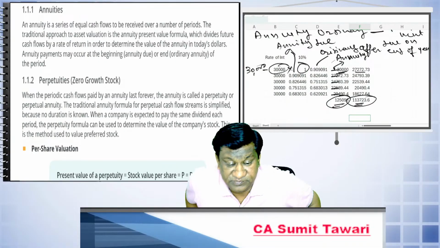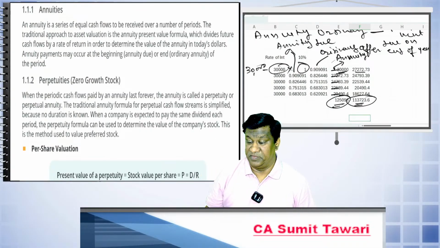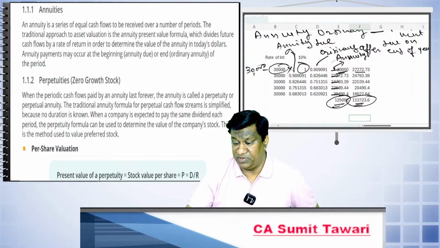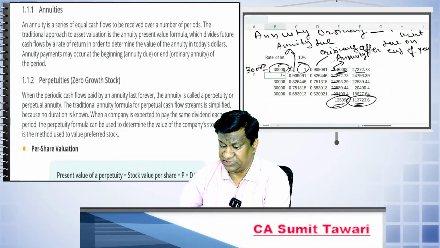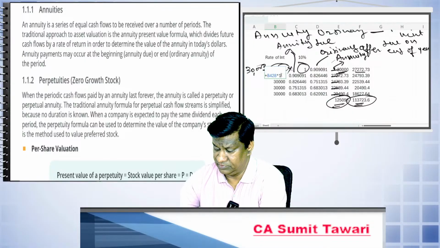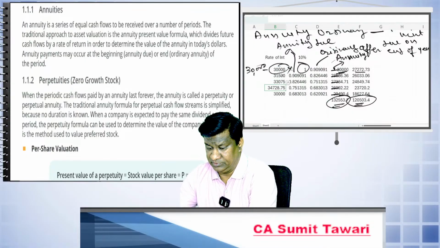First thing, annuity is basically when there is a series of payments. I considered a single payment. It is possible the payment is not a single one. Maybe there is a 5% increase every year. That is also possible.